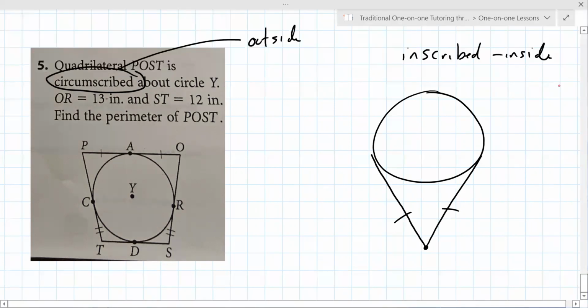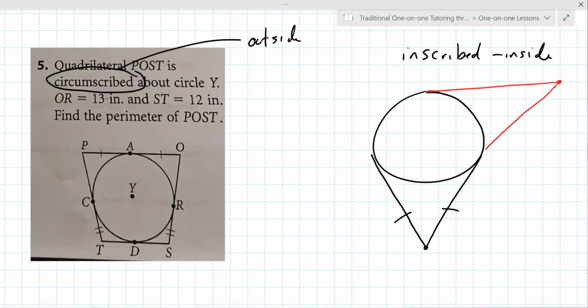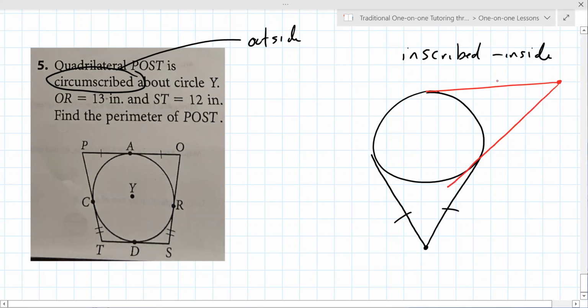It's not the degree, it's the lengths. The lengths are the same. The ones in red are longer. What I'm trying to show you is that from a point, if you have two tangents from that point, the line segments are always congruent.